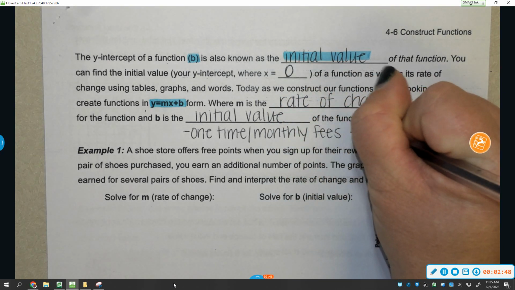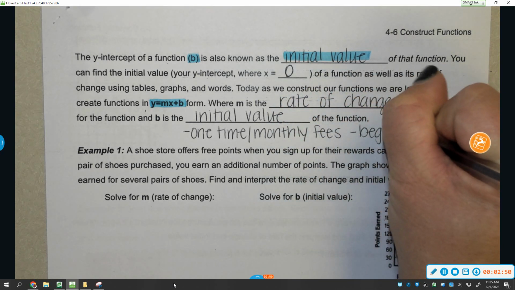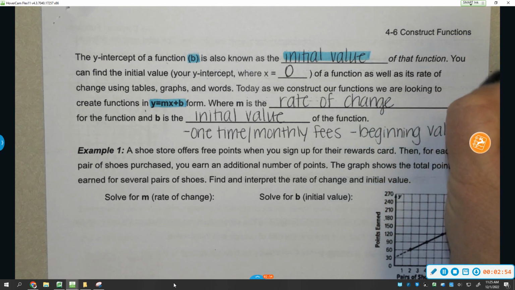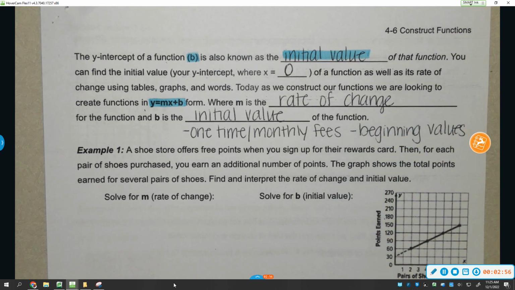They are our beginning values, so what we begin with. So when we interpret our initial value, we would say she began with, or it began with, or it started with. Those are common ways to interpret.